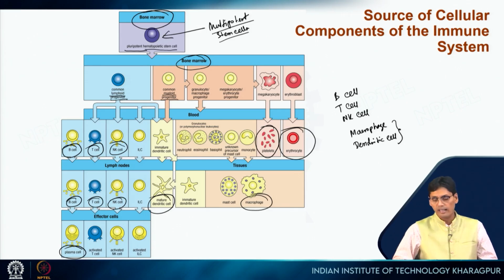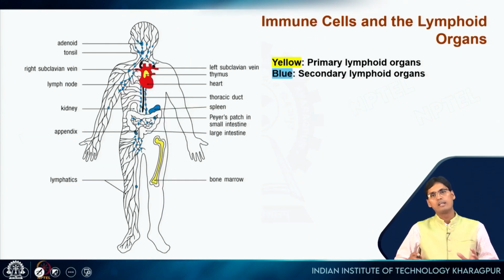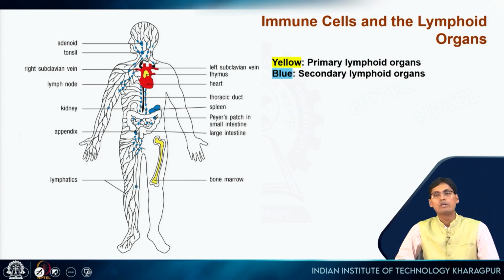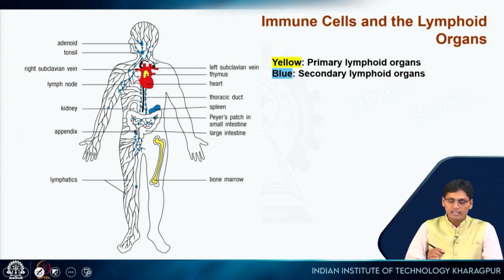Now, let's see where these immune cells are present in our body. I told you that all of them originate from the bone marrow, and after that, what is happening? So, immune cells and the lymphoid organs are what we are going to discuss now.